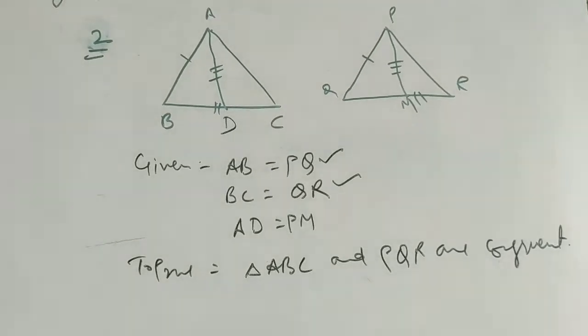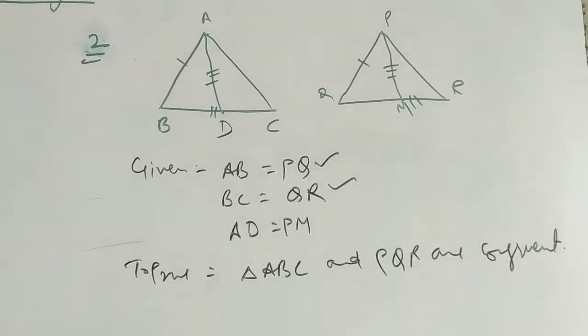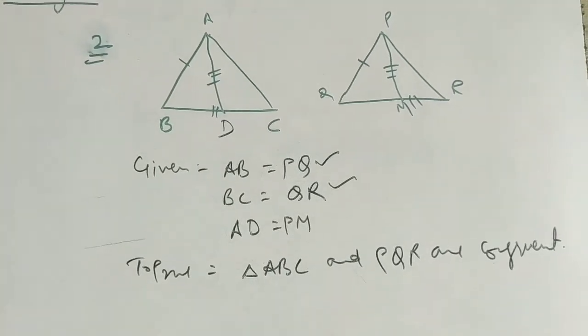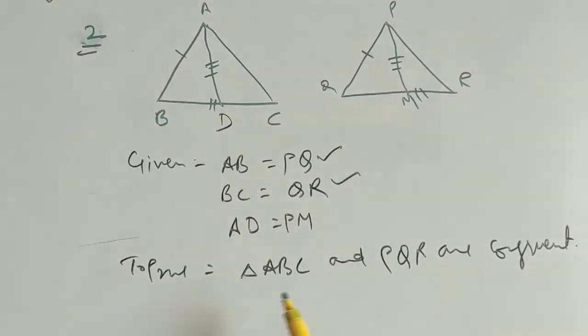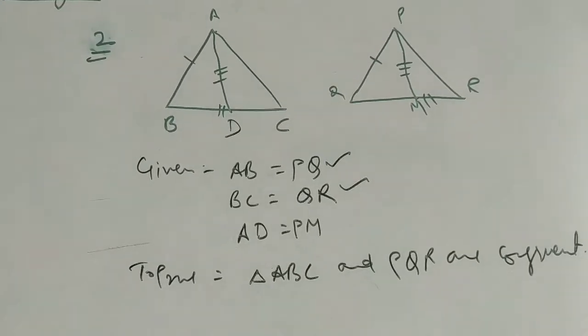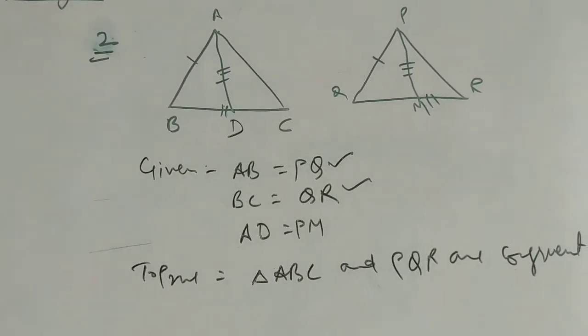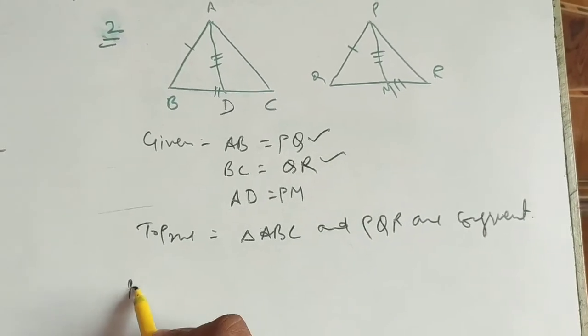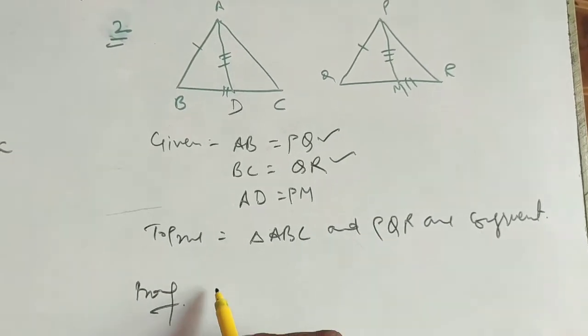In between the triangle, whatever it is, it can be used somehow to prove that triangles are congruent. Okay, so AD and PM will help us to prove that triangles are congruent. So proof, we are not doing any construction in it, so we are doing proof.